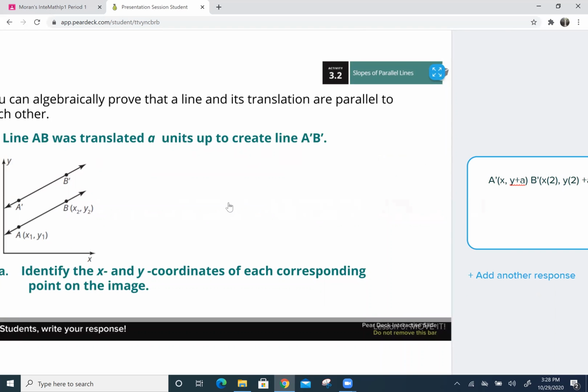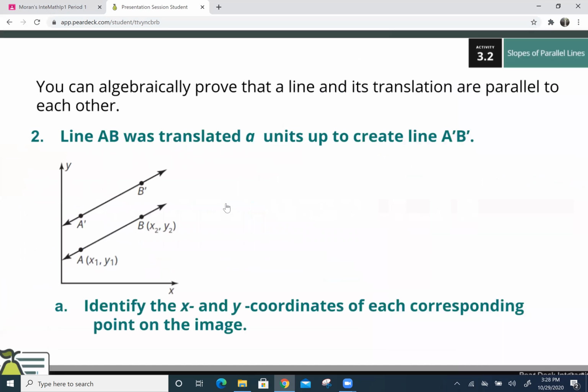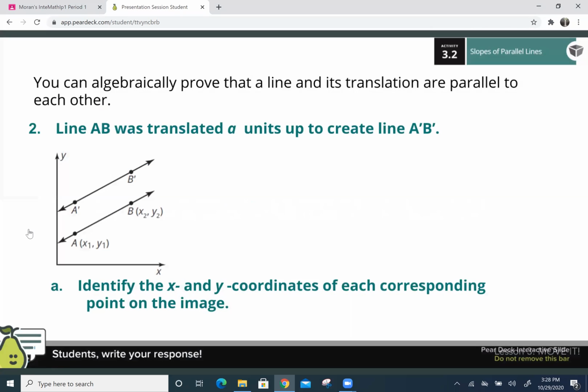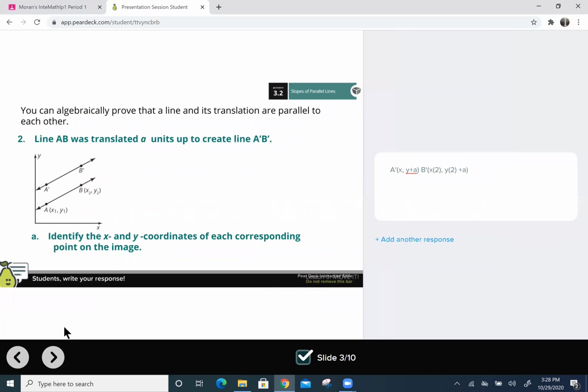So the y is going up by 8 units, so plus 8 on the y's. The x's stayed the same. X1 and X2 stayed the same. This might be a little bit confusing and hard to understand, so it's just to give you some exposure to it.